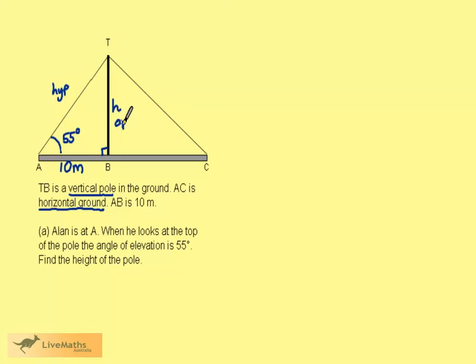This would be the opposite, and this is the adjacent. We want to find h, which is the opposite, and we know the adjacent. If we write down SOH CAH TOA, for opposite and adjacent, we need TOA.